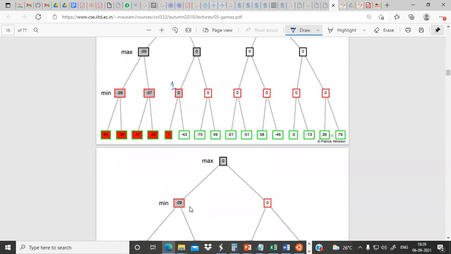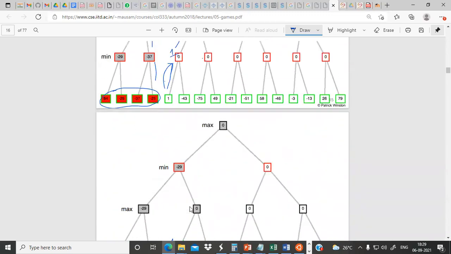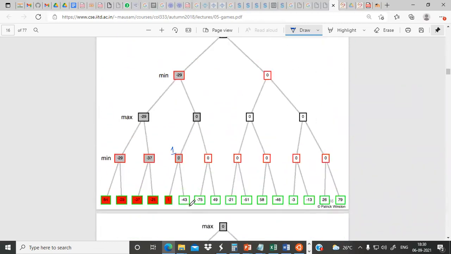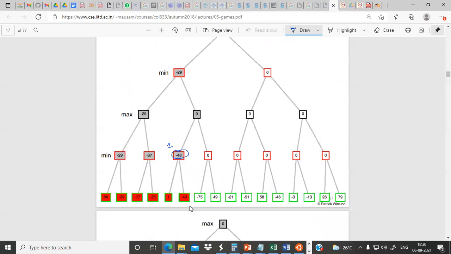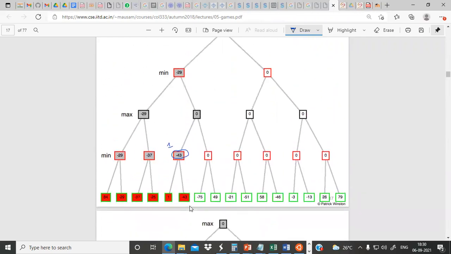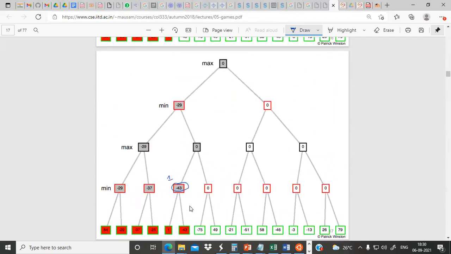So out of, I mean, in the previous round also, this is also 1. Now we have explored both 1 and minus 43.